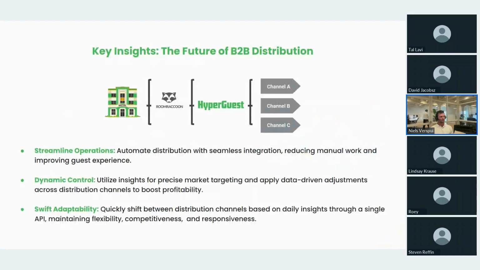But the benefit of having RoomRaccoon and HyperGuest together. The main benefit is obviously RoomRaccoon will help you with the distribution for your OTA business and your distribution to the online booking engine for direct business. But the part that we missed is the business-to-business exposure.